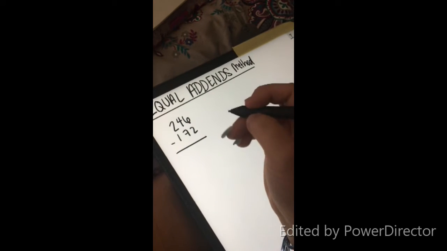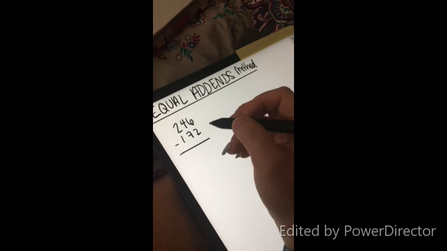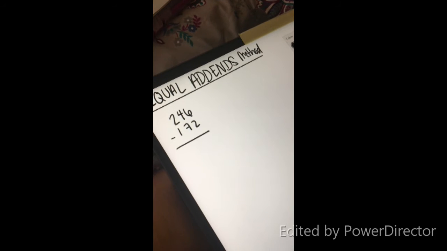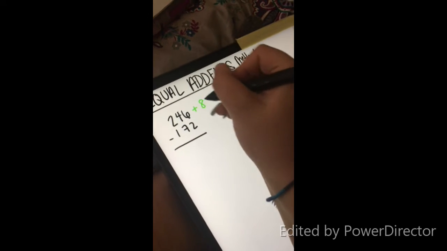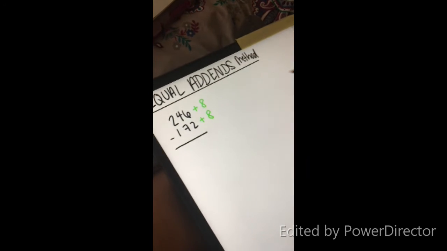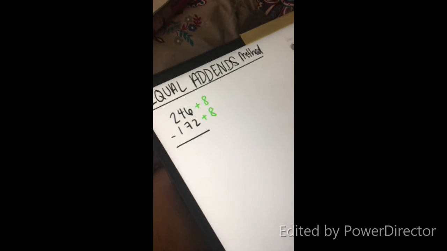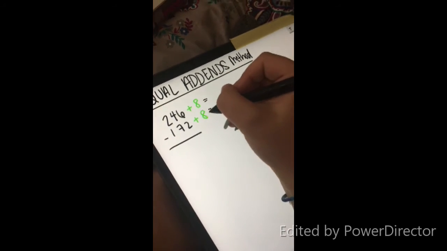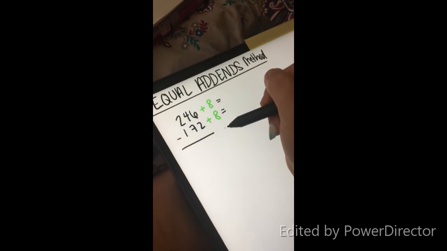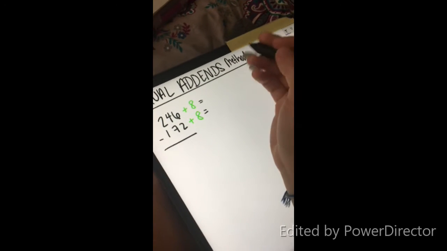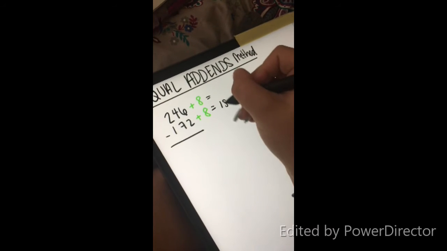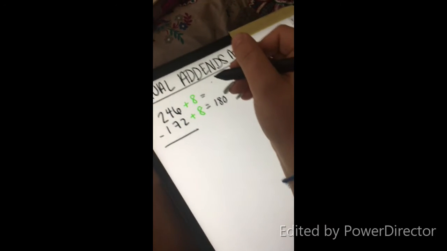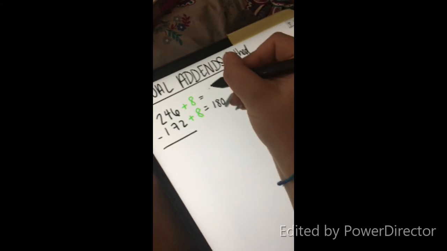So we're going to start by trying to make this number an easier number to work with. We're going to start by adding 8 to each side. The only way we can make this problem work is by adding the same number to each side so we can keep it even. So 172 plus 8 is 180, and 246 plus 8 is 254.